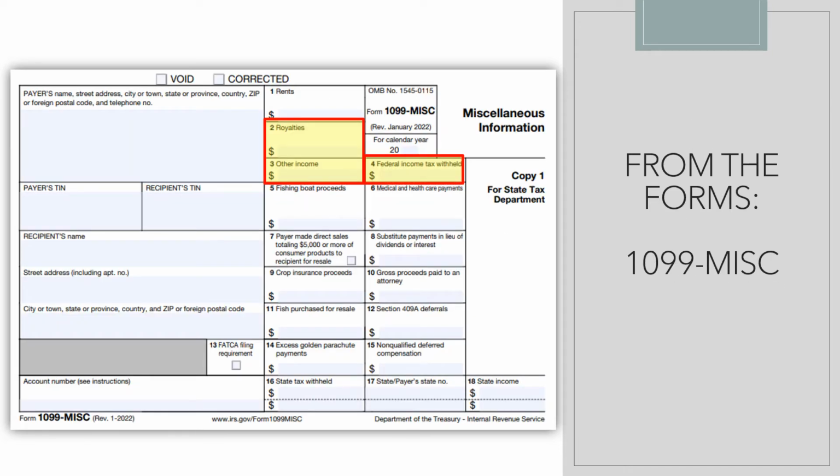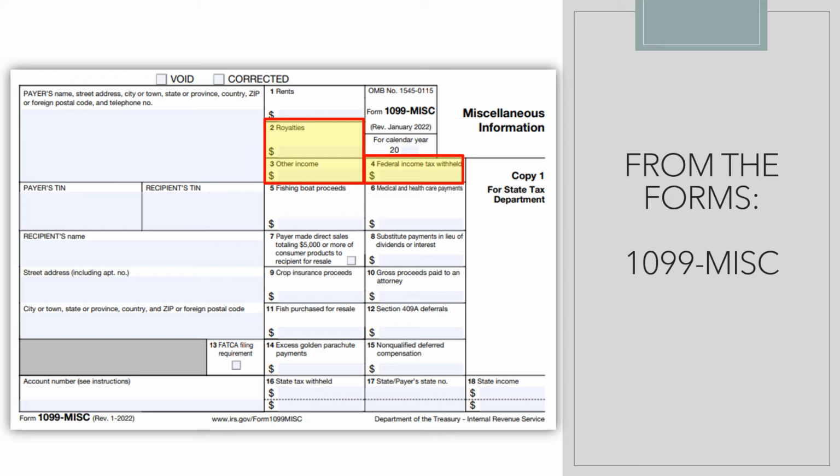And the last informational form that we are going to look at is the 1099-MISC. Specifically, we're looking at boxes 2 and 3, which is royalties and other income. If somebody is engaged in the business of writing, for instance, or a performance artist, it's possible that they might be receiving royalties from previous performances or works that are associated with their business as an artist or a writer or whatever.